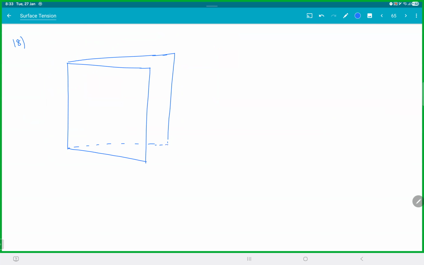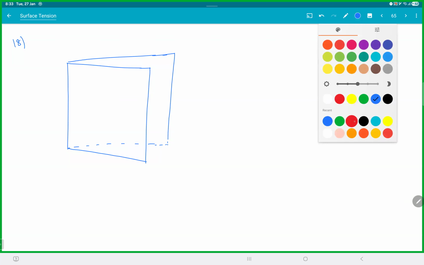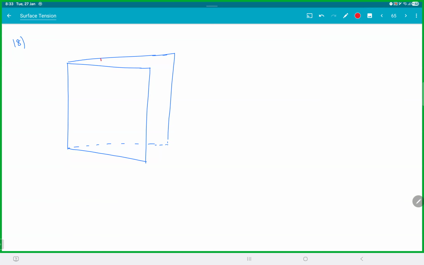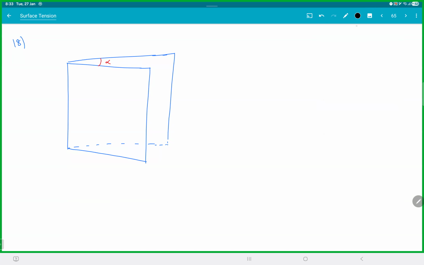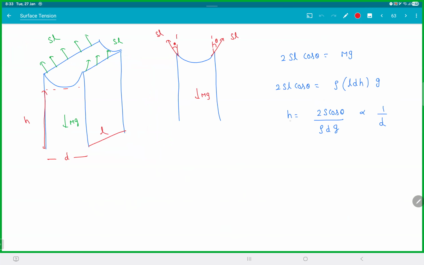So the surface is something like this. The angle between them is alpha. And when you keep this on a liquid, the liquid actually rises. Look at this equation. If you remember, h is proportional to 1 by d, where d is the distance between the plates.